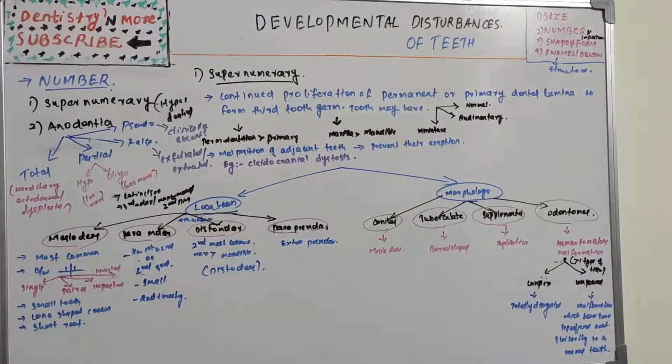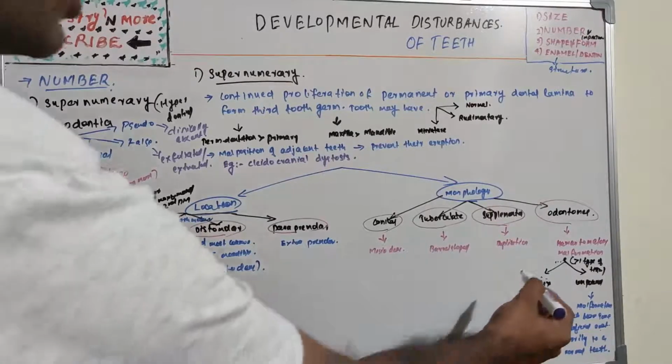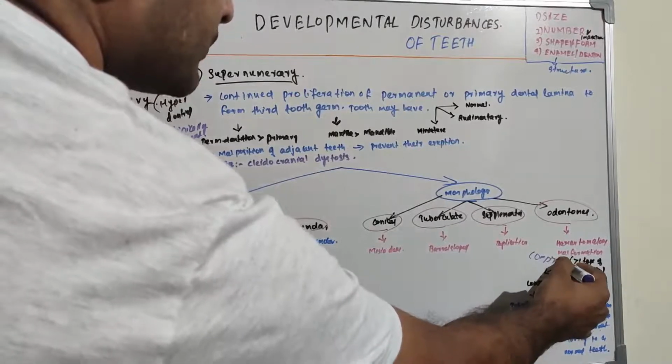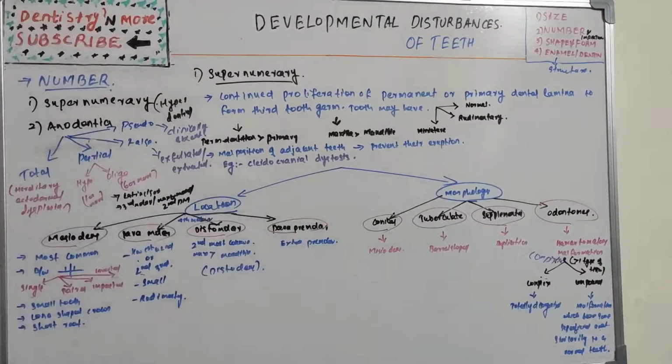If we have more than one type of tissue, it is known as a composite odontome. So we have two types basically, complex and compound. In complex, we cannot distinguish between any particular cells or tissues.